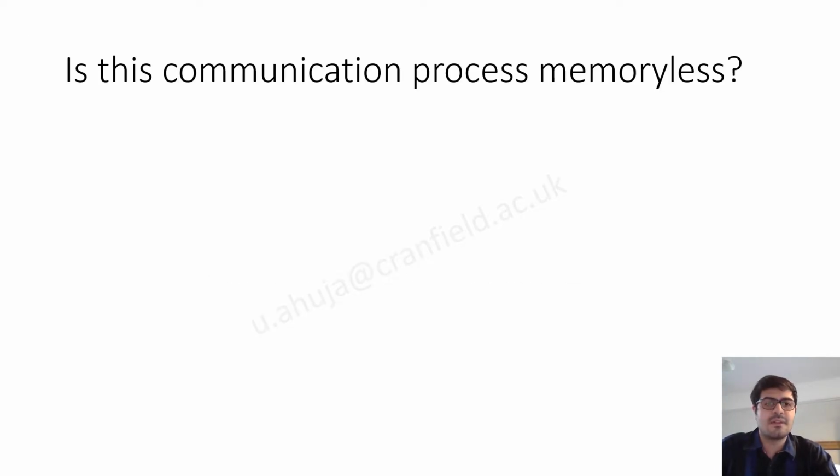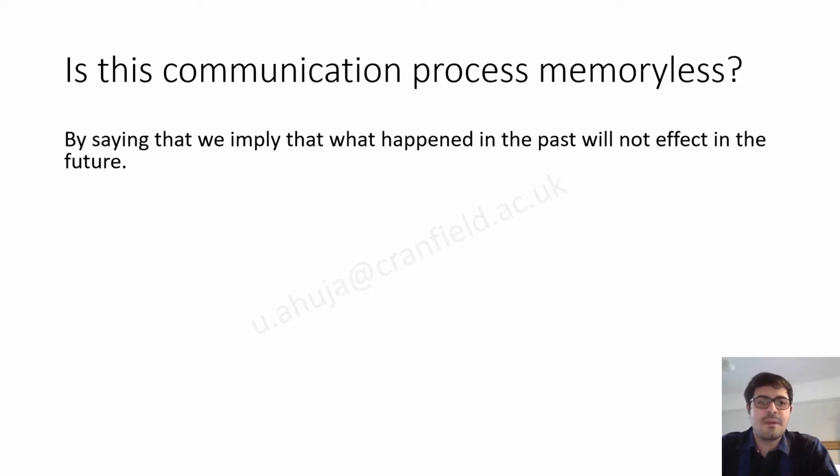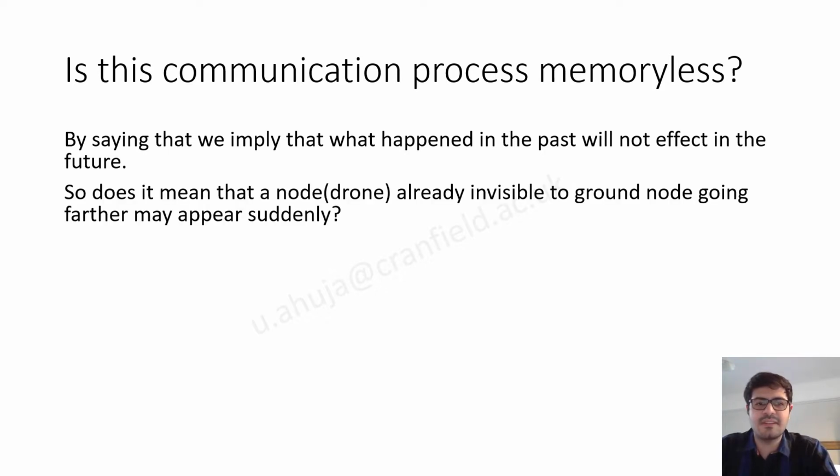So, is the communication process really memoryless? We're going to consider the communication as a process at this moment, and we're going to discuss its characteristics as a process. By saying that, we imply that what happened in the past will not affect the future. So does this mean that a node or drone already invisible to the ground node, going farther, may appear suddenly?